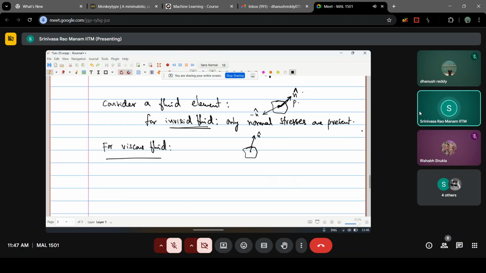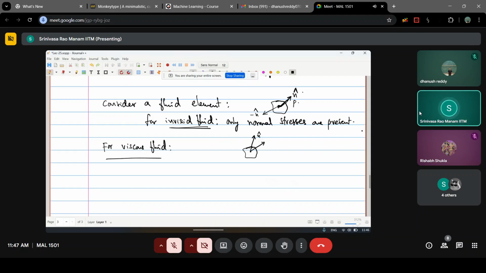We don't know exactly what that force is. For viscous fluids, you may have shear forces, right? So horizontal forces are also there. You don't know exactly where the net force is acting, so let us look at the net force this way.